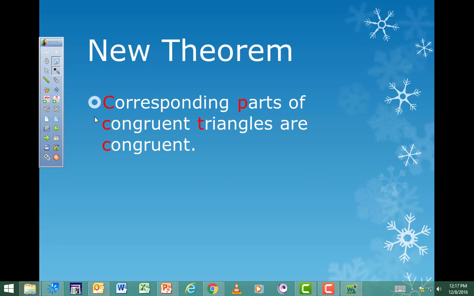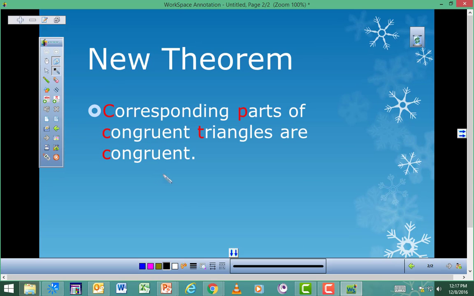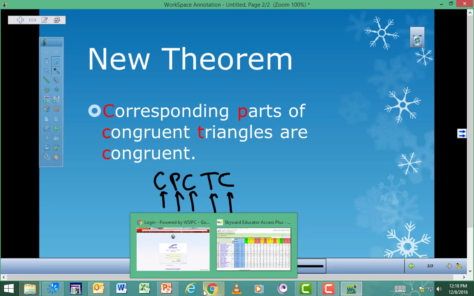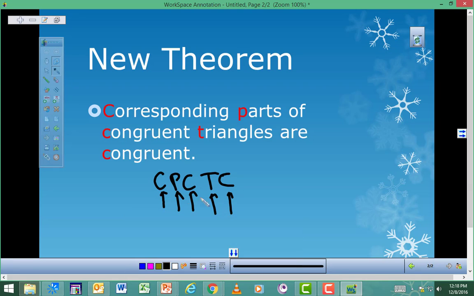Okay, and so you're going to see this abbreviated like this, CPCTC. And again, we just use capital letters here. Corresponding parts of congruent triangles are congruent. CPCTC. We don't have every single little word in between, just the big words, okay? Just like, you know, the way titles work.